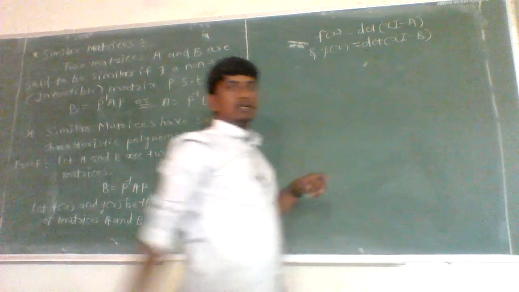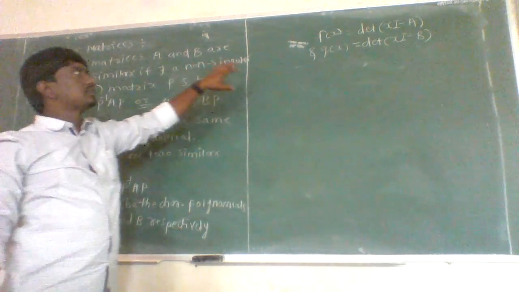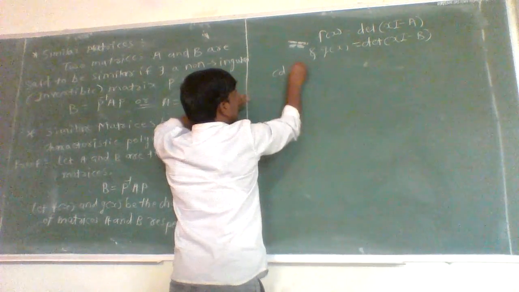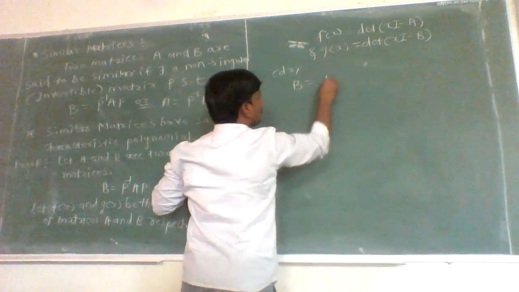Now we have to show that these two characteristic polynomials are the same, that is, f of x equals g of x. For that, consider B is equal to P inverse AP.